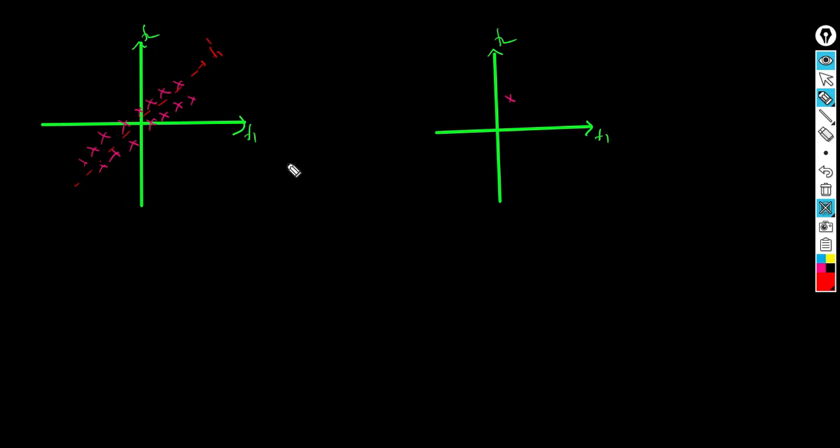I will assume there is a point xi, and each point we can represent with xi. This is the direction we are going to find, and let's consider this as the unit vector u1.